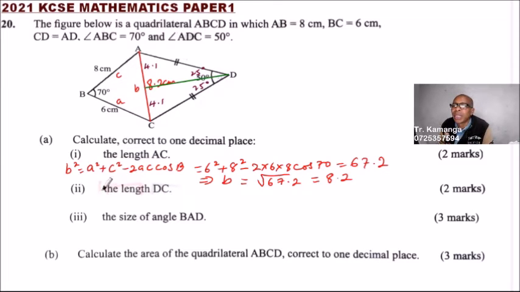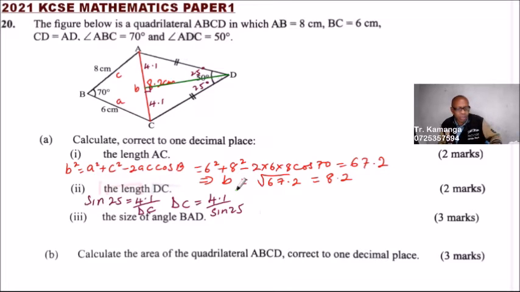We can use the trig ratios. This angle is 90, and we are getting DC, so we can use sine. We say the sine of 25 is equal to the opposite, which is 4.1, divided by the hypotenuse, which is DC. This implies that DC is equal to 4.1 divided by the sine of 25.